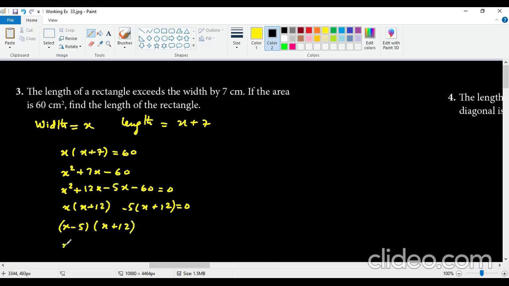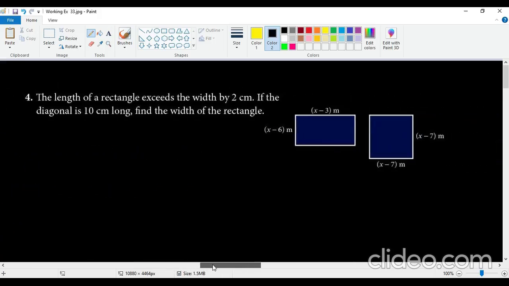So x is equal to 5. That means this is going to be the width. 5 is the width, and it exceeds by 7, that means 12 is the length of this rectangle.